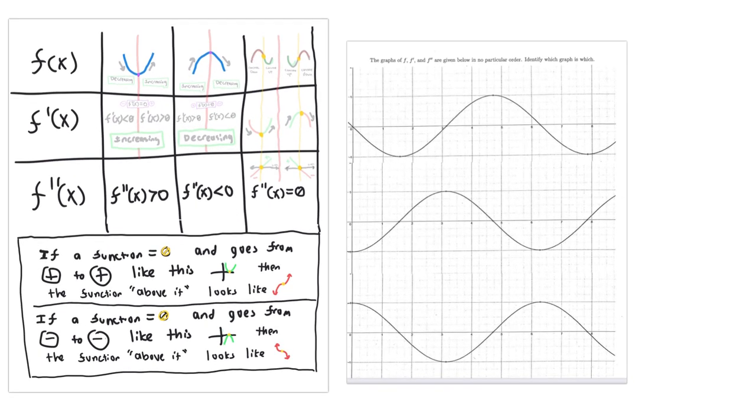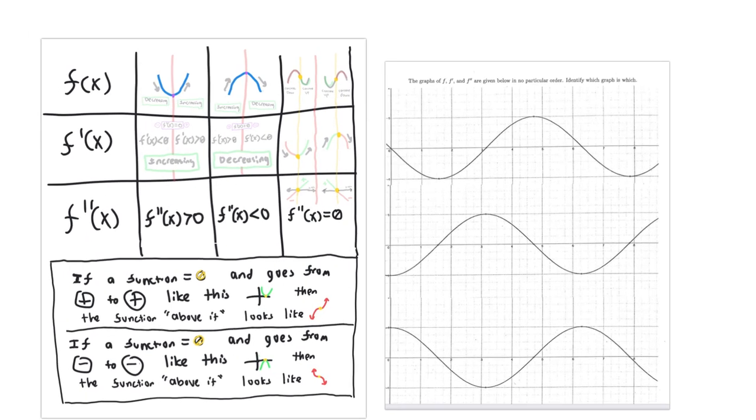Okay, so let's take a look. Why don't we try to spot f of x first, and we'll just pay attention to these phenomena here. Suppose this is f of x. Then let's look for f prime of x.